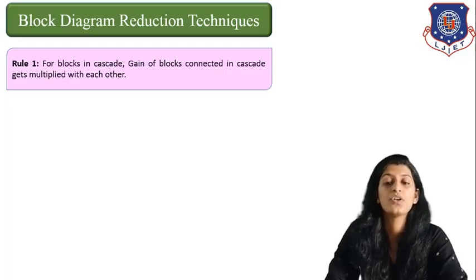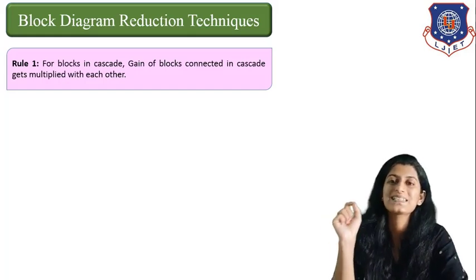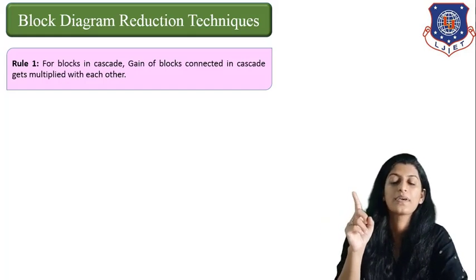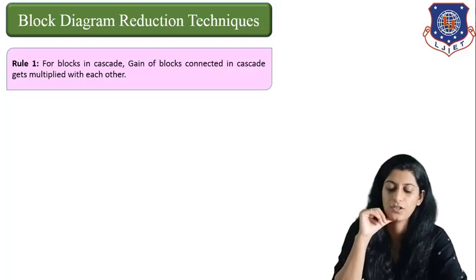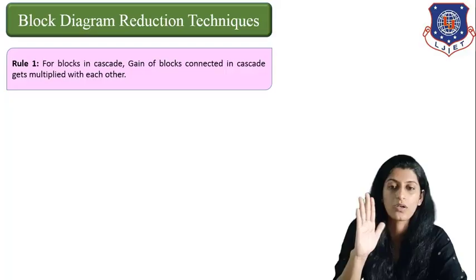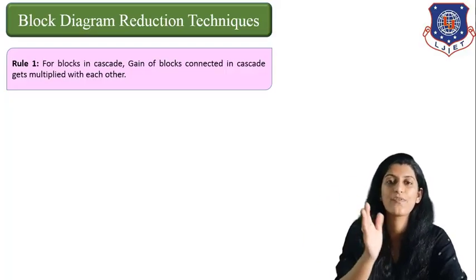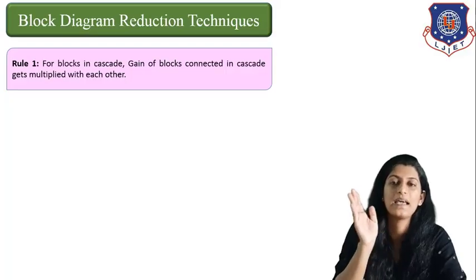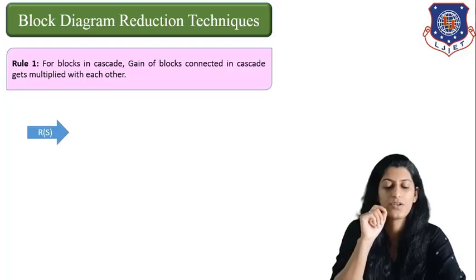The first rule for block diagram reduction is, for blocks in cascade, the gains of blocks connected in cascade get multiplied with each other. So what does it want to say? If the blocks are connected in series, we can simply multiply their transfer functions to get the overall transfer function.